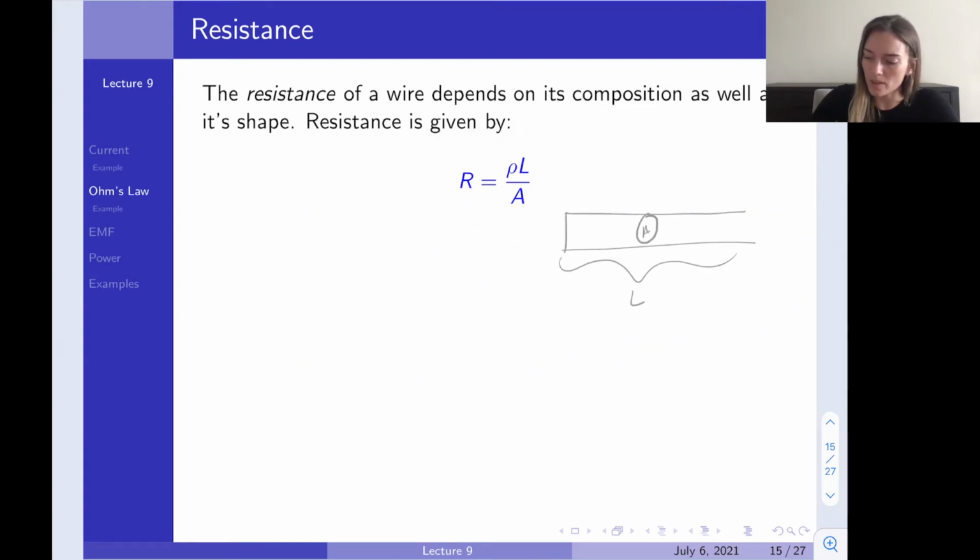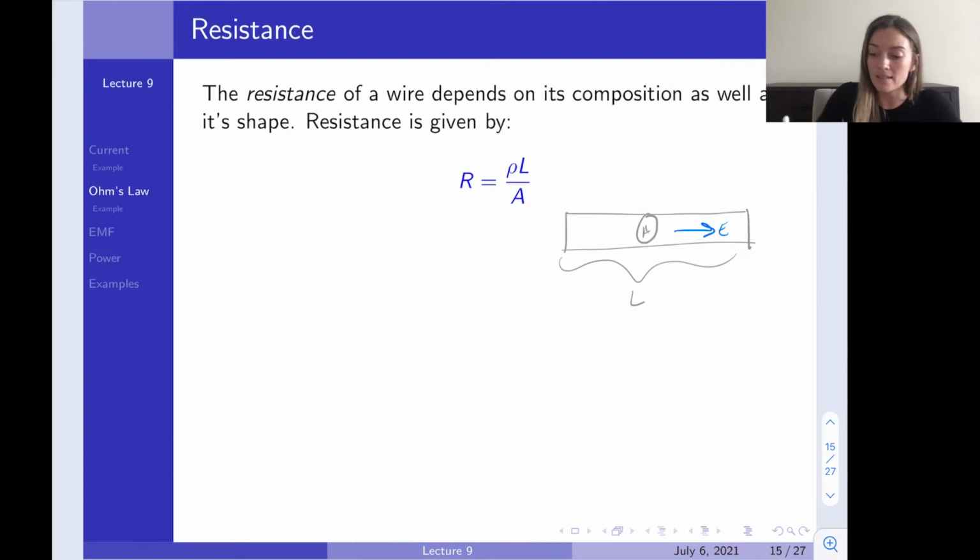I'm just looking at one little length of the wire here, and we are applying a constant electric field through it, let's say pointing to the right. If I wanted to figure out the potential difference between the two ends of my wire, I could do that quite easily, because I know there's a constant electric field in this wire, and I know the length of the wire. This is equivalent to the problem we did where we found the potential between the two plates of a capacitor.